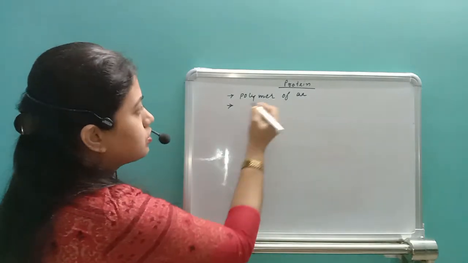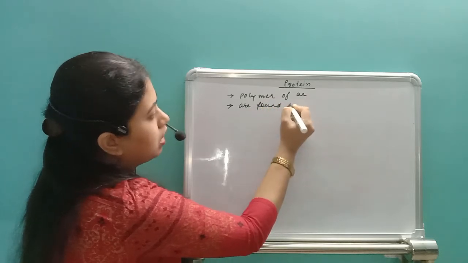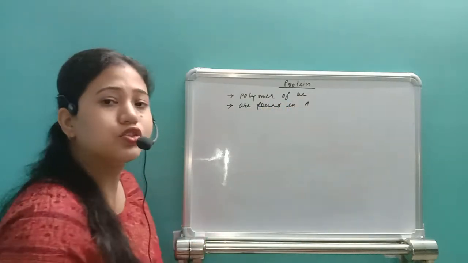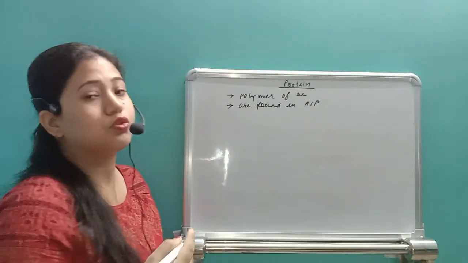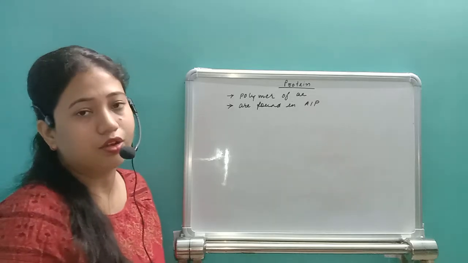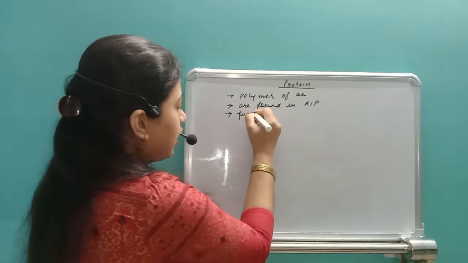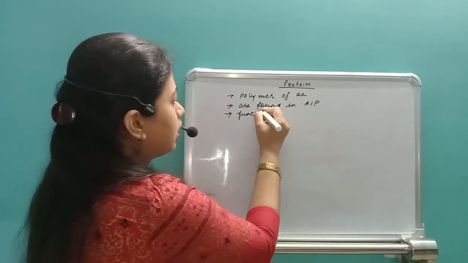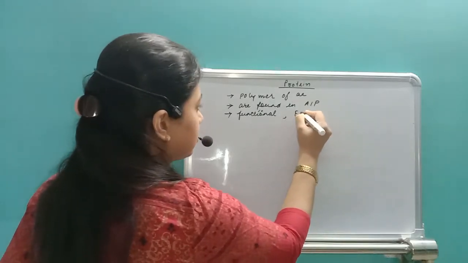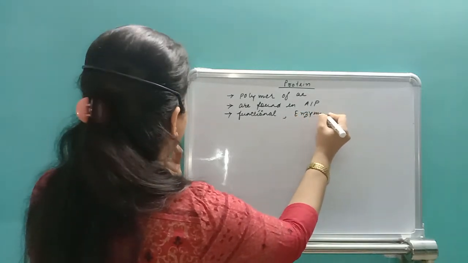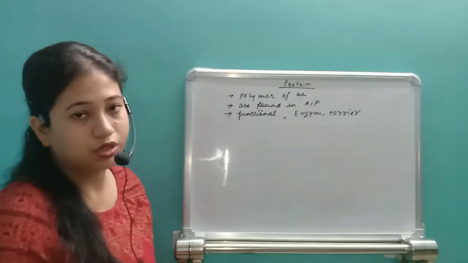So the protein is found in the acid insoluble pool. It will always be in the acid insoluble pool because it has a molecular weight of more than 800 Dalton. Next, proteins are functional and perform different functions in our body, like different types of enzymes and different types of carriers, like hemoglobin. They are all proteins.